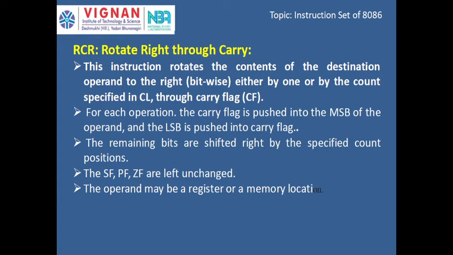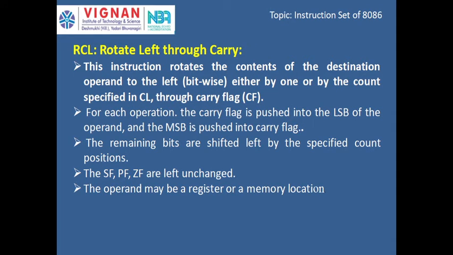In a similar way, the opposite is RCL, rotate left through carry. This instruction rotates the contents of the destination operand to the left either by 1 or by the count specified in the CL register. The remaining all are the same. So we will see this with some examples.